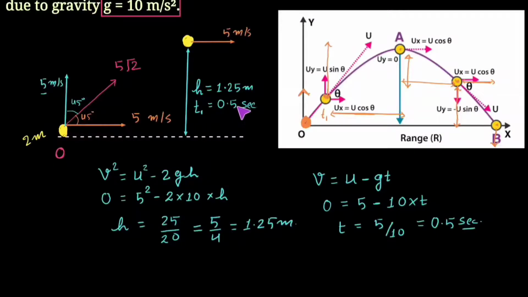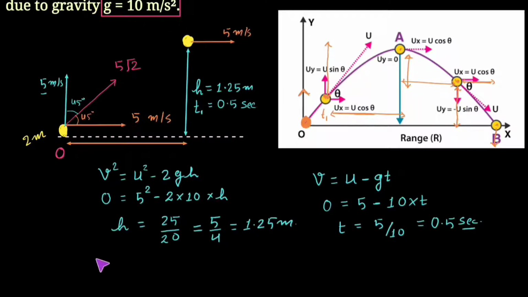So in 0.5 seconds, this projectile has reached this point, in which it has traveled 1.25 meters in the y direction. But the second thing is that this projectile has also moved in the x direction. So this much distance in the x direction is covered by the projectile in 0.5 seconds. Now we can find this distance in the x direction, because the x component of the velocity is 5 meters per second and the time taken is 0.5 seconds.